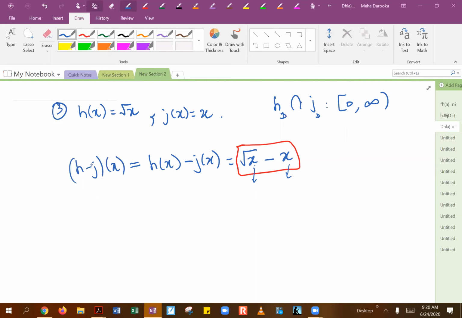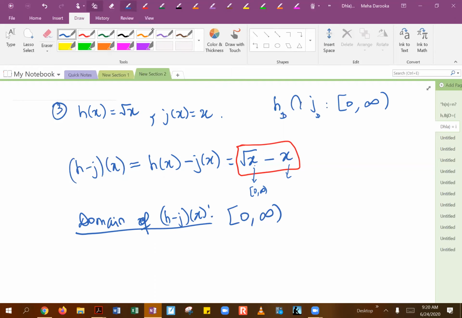This x has to stay from 0 to infinity, including 0. So the domain of the entire h minus j function is going from 0 to infinity. This worked out well with our intersection.